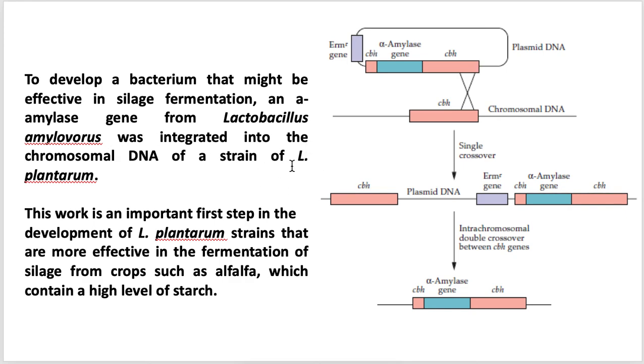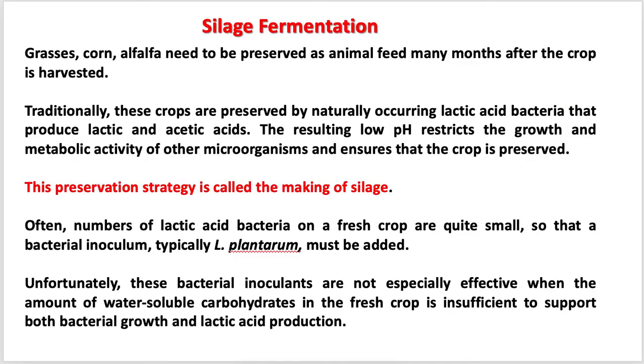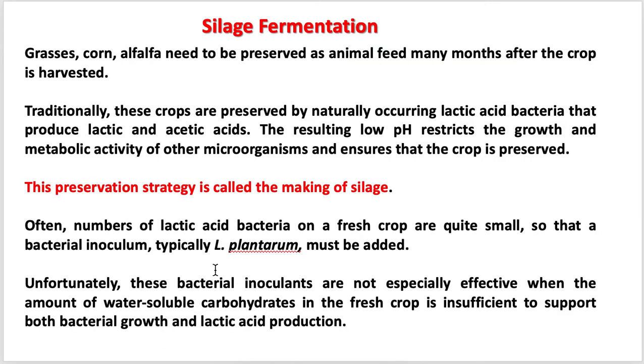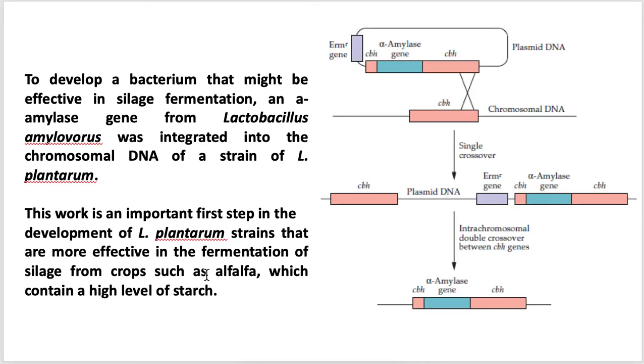Now this recombinant bacteria can utilize carbohydrate, even if those carbohydrates are not that water soluble in the crops. This recombinant bacteria can utilize that carbohydrate. So this will actually solve the second problem. This is one approach to improve the silage fermentation process.